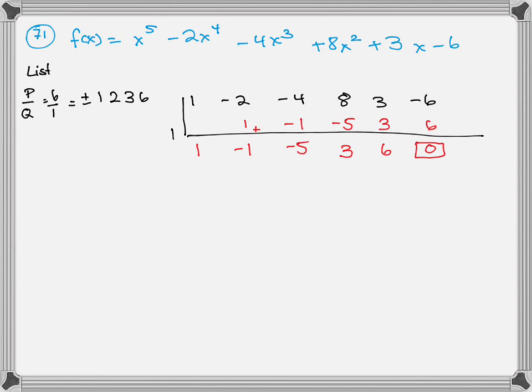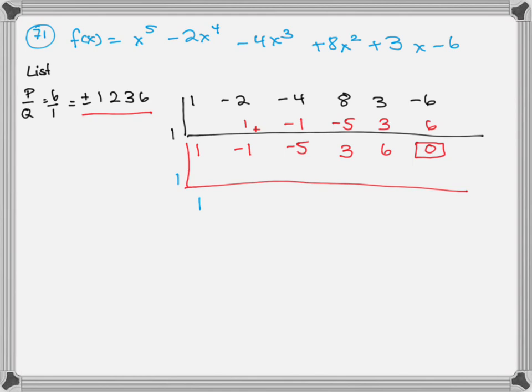Now what you would have to do is synthetic division again. Your p-value is 6 again, and your first one is 1, so the list still holds. If you have to, you make a new list of possible zeros. We're going to start with 1 again. I'm going to draw a box around the red ones and see if 1 works here.